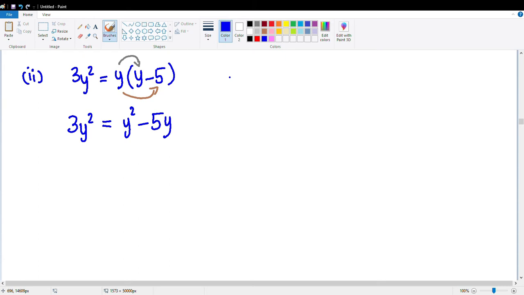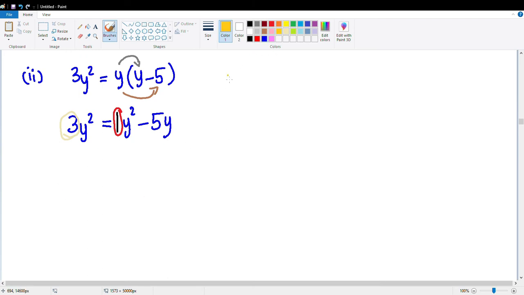So what are we going to do here? One of them has a bigger coefficient: the 3 in 3y squared is bigger than the 1 over here. So we need to move all these terms to the other side.